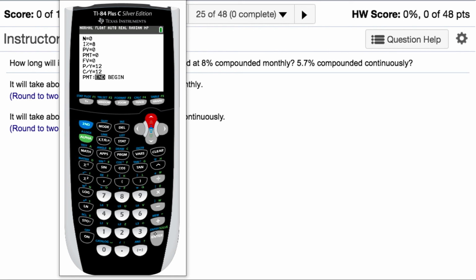Now it says we want the money to double, right? It doesn't actually matter how much money you use, so you can just choose, because the amount of time required to turn $1 into $2 is the exact same amount of time to turn $1 million into $2 million. So you can choose any value you want.